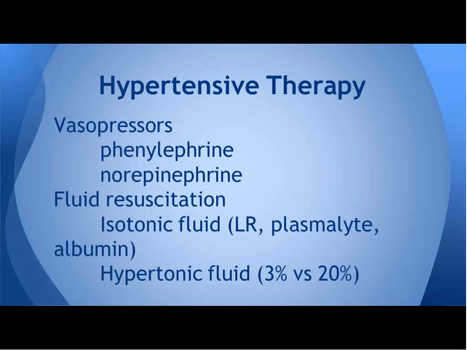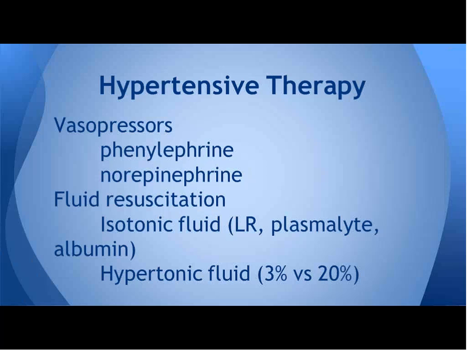Hypertensive therapy, as I said before, there really are no superior vasopressors in the management of subarachnoid hemorrhage. Vasopressors that seem to be a favorite, phenylephrine, probably because you don't need a central line for its use, and it's very popular with anesthesiology.